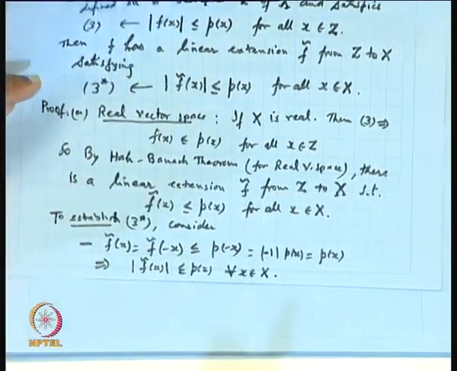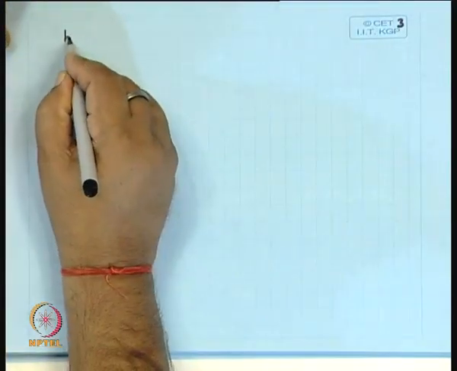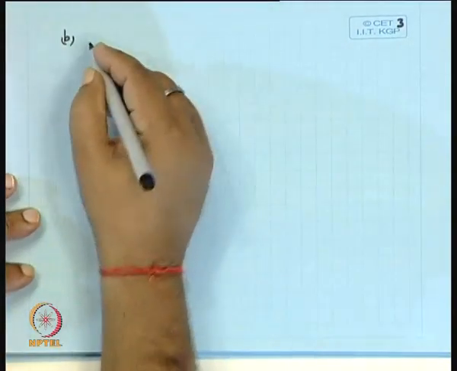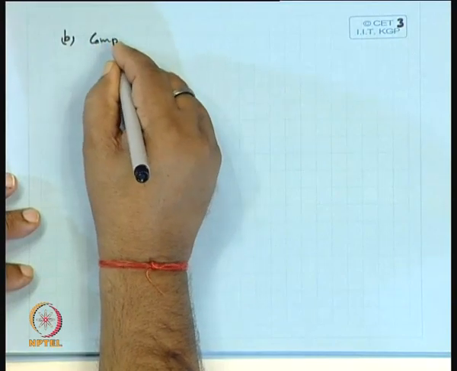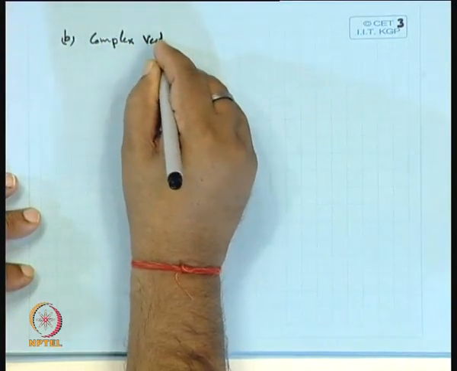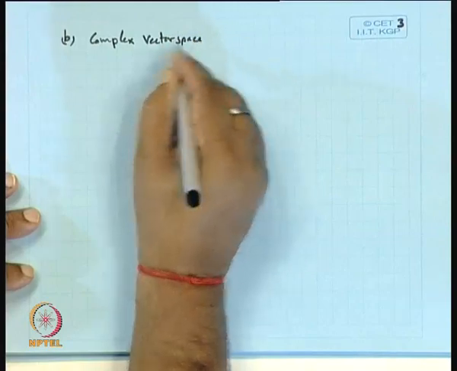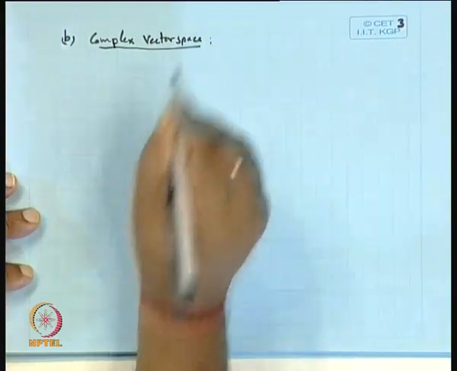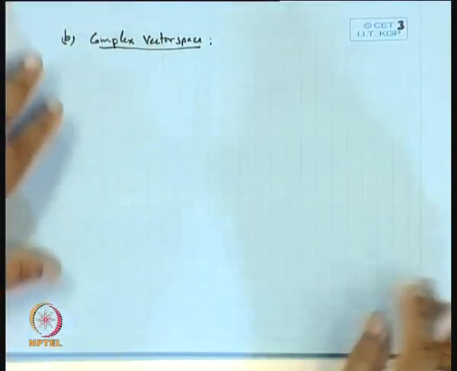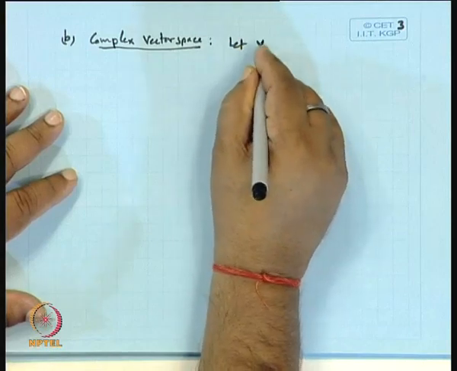Clear? Now, let us come to the second part, for a complex vector space. So, let us take x to be a complex vector space.